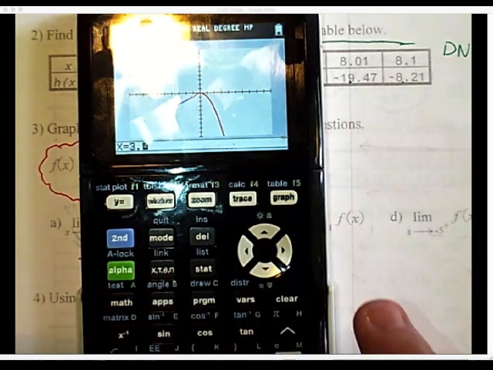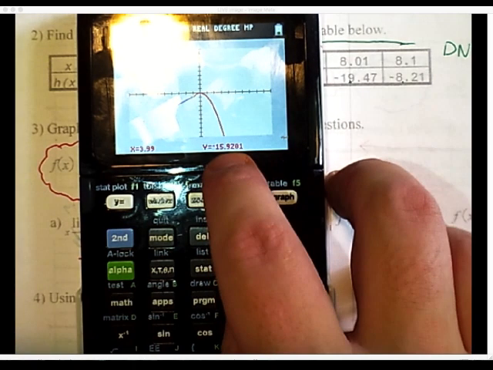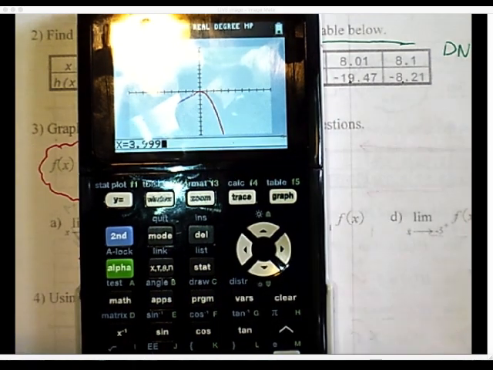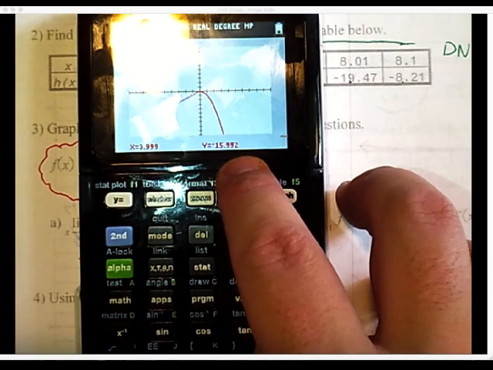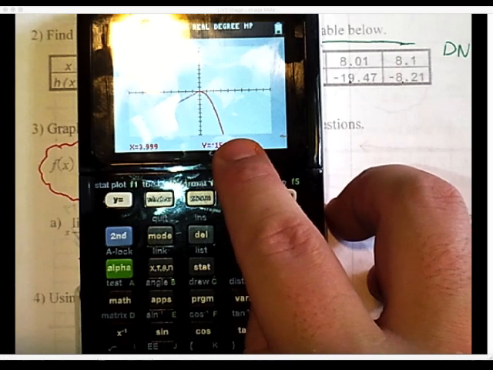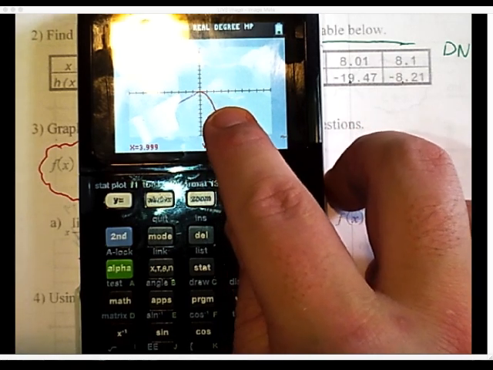What happens if I go 3.99? Negative 15.92, 3.999, negative 15.992. So this number is getting closer and closer to negative 16 as I'm coming in from the right.